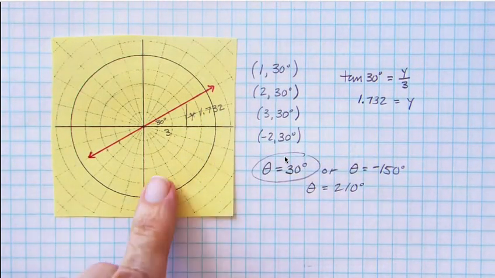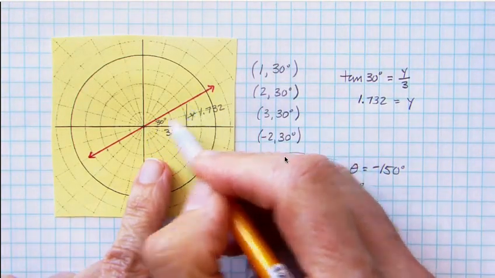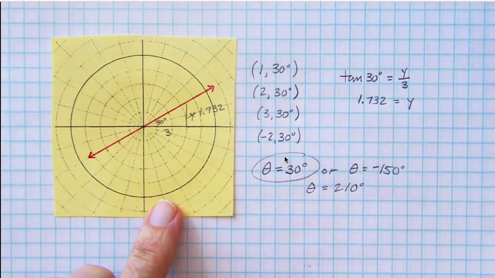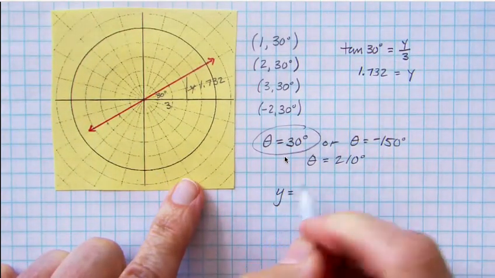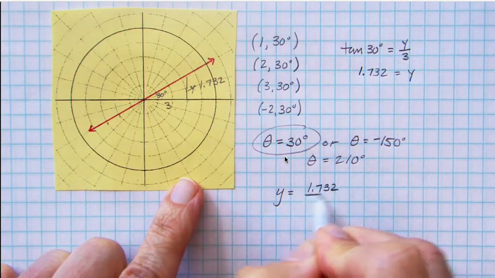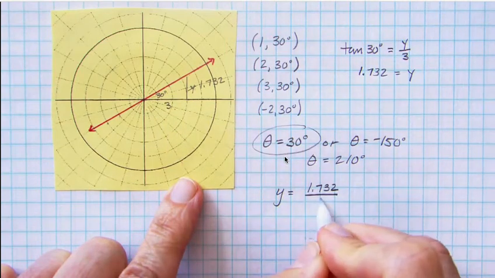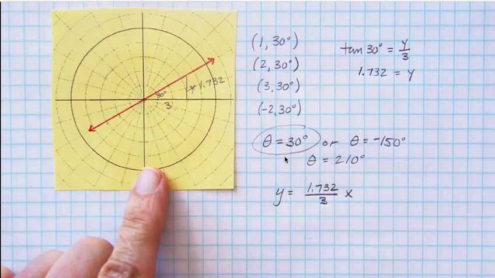1.732. But notice what you have is you now have rise and run. You have rise and run. So you can now start to design an equation. Y equals, rises 1.732 and runs 3 units. And then the intercept is a 0.